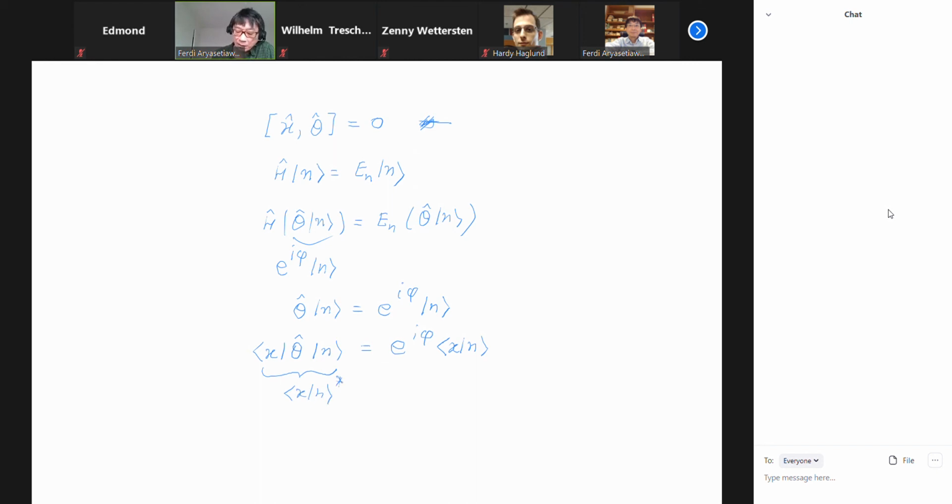We had this before, that this thing is equal to psi star of x, minus t. With no t, we can put t equal to 0. So then it's just the complex conjugate. So that is equal to the right hand side. So we can multiply both sides by e to the minus i phi over 2. Equation 5.2.